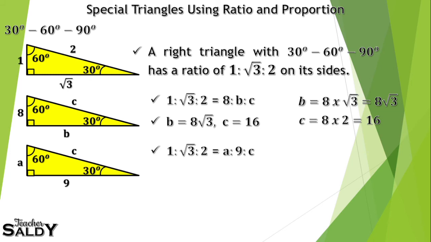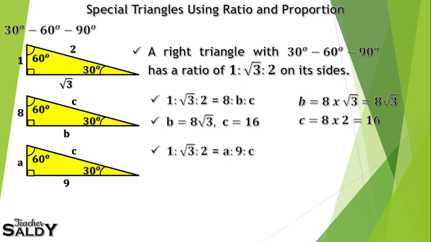How about if the given is base? Okay, so we have also 1 is to square root of 3 is to 2, equals A is to 9 is to C. So how do we get the value of A and C? We can get the value of A by dividing the side by its ratio.